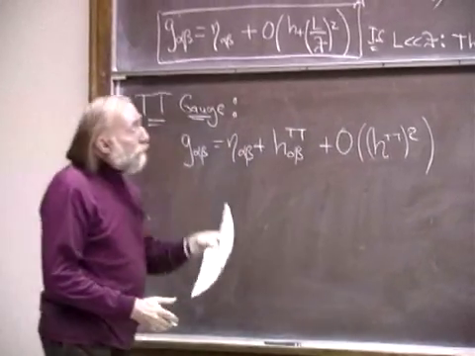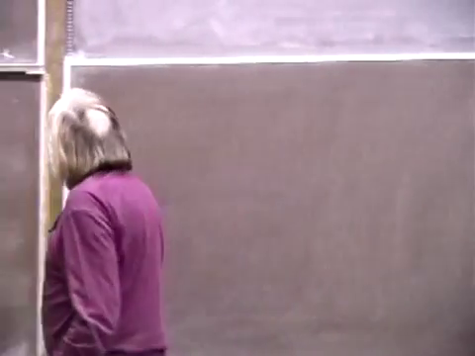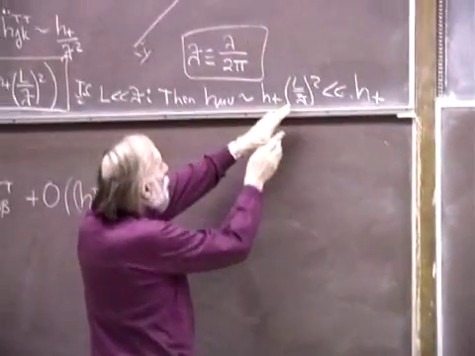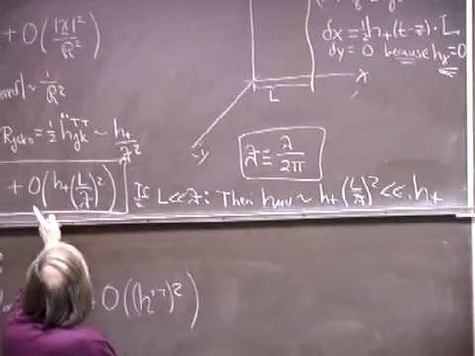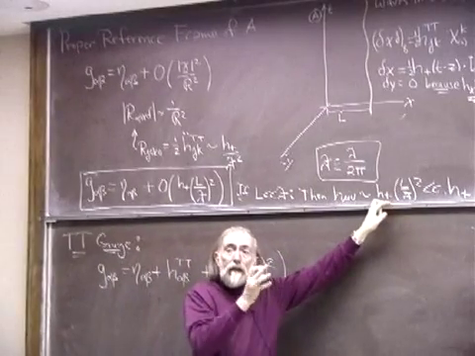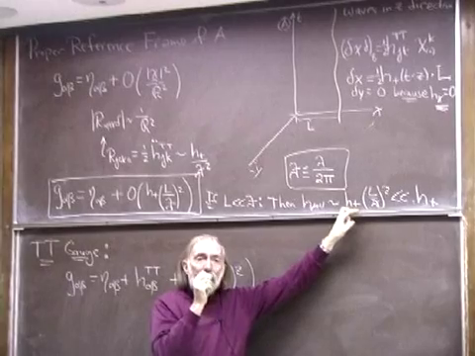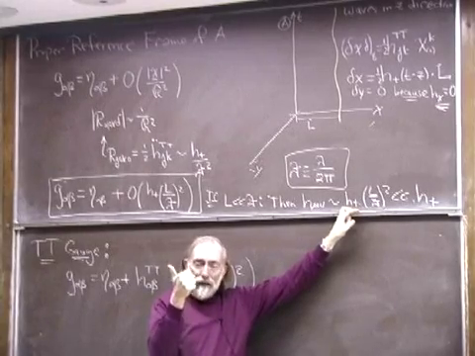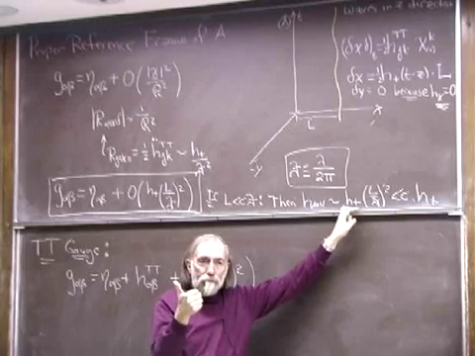Now, the proper reference frame is really only useful on scales small compared to lambda bar, because when you get out to a distance of order lambda bar, the metric perturbation is becoming of order h, and you can no longer ignore, when you talk about physical measurements, the influence of h on the formula for the energy of a photon, for example.